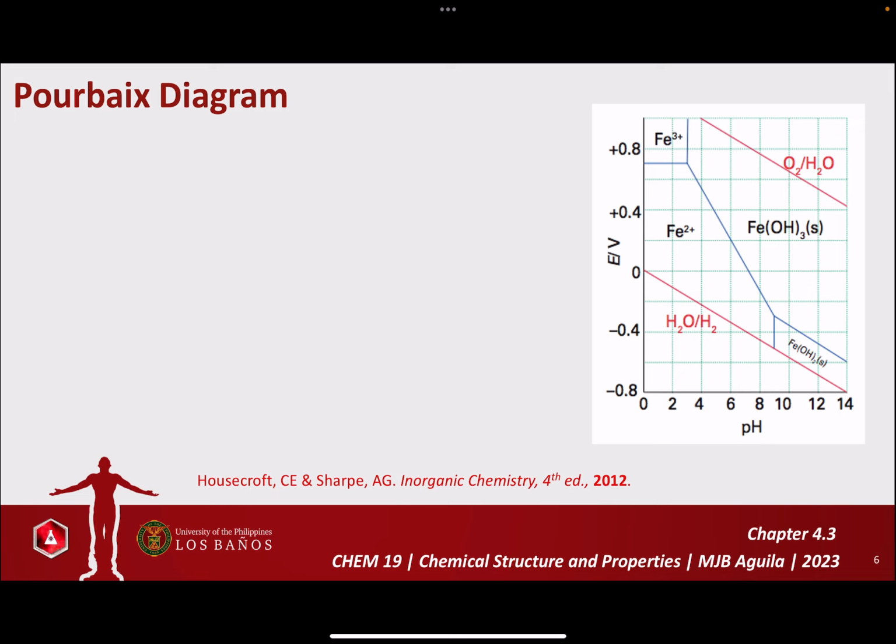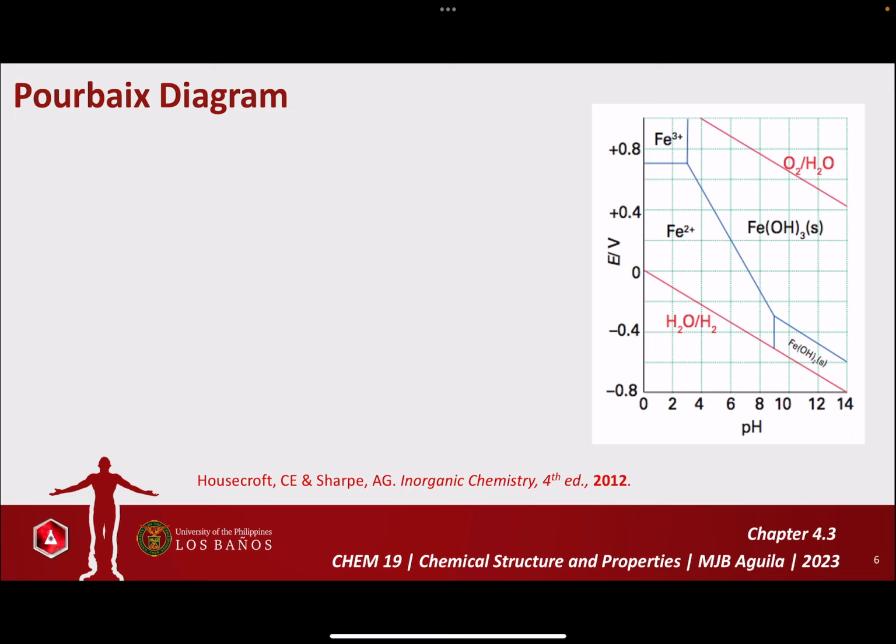Further information that we can gather from the Pourbaix diagram, again, is the potential and pH relationship. When we talk about potential, we know that this deals with gain of electron, loss of electron, so electron transfer. But if it is pH, this is more closely related to proton transfer, so acid-base reaction.